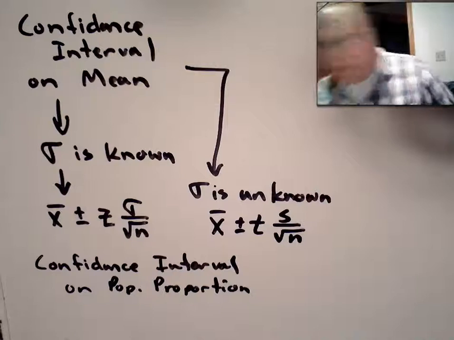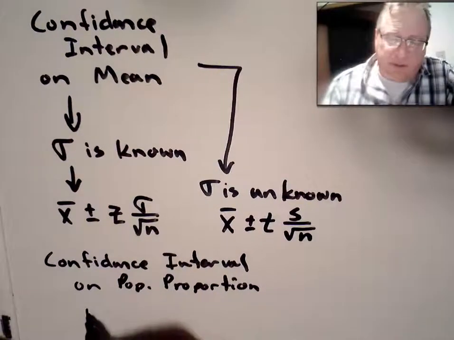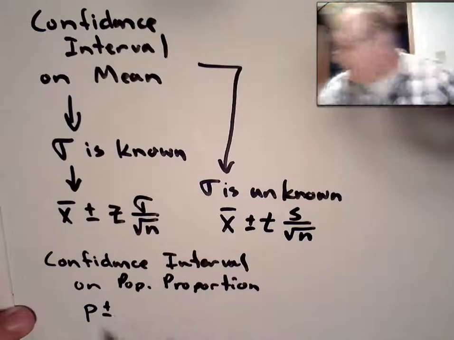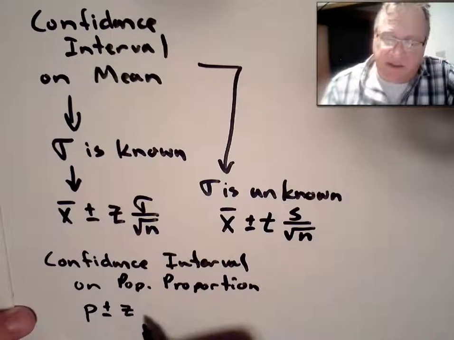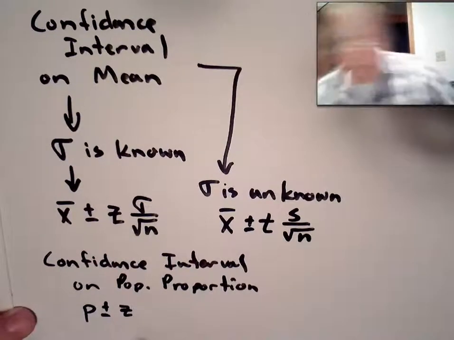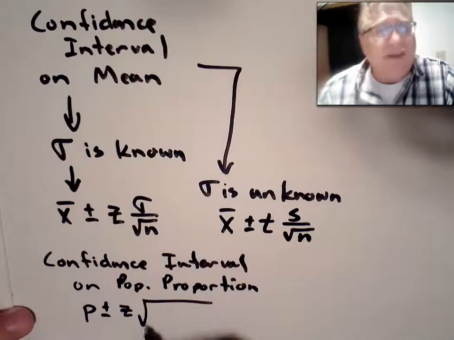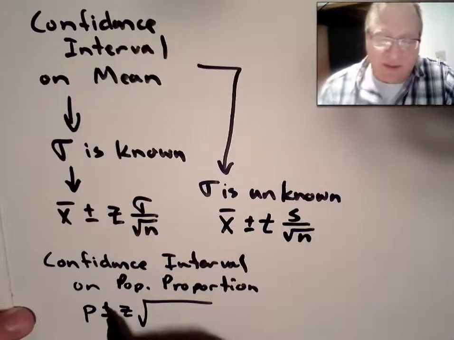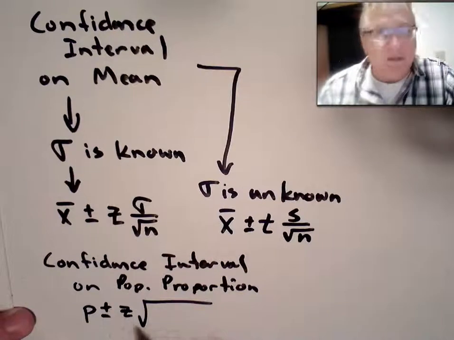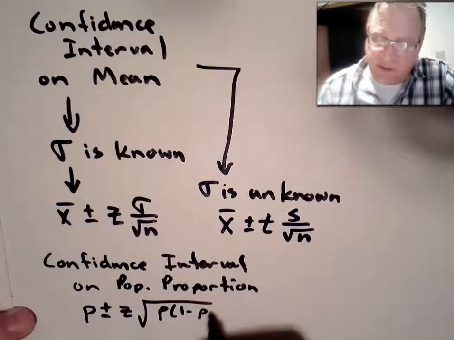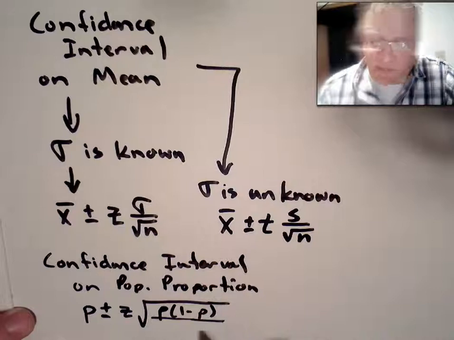In this one, we're going to take that proportion and add or subtract our z statistic multiplied by something kind of fancy, the square root of P times 1 minus P, we're talking about probabilities here, divided by n. Again, you're going to have to calculate some of these if you're doing mastery exercises. Otherwise, Data Analysis Plus will do these for us.